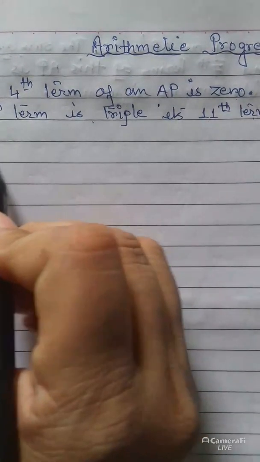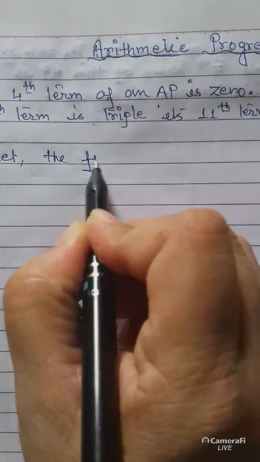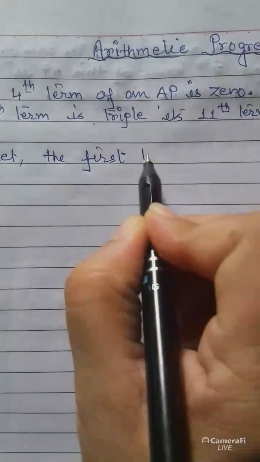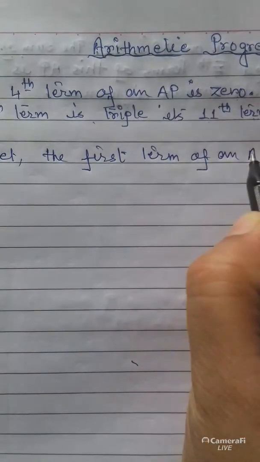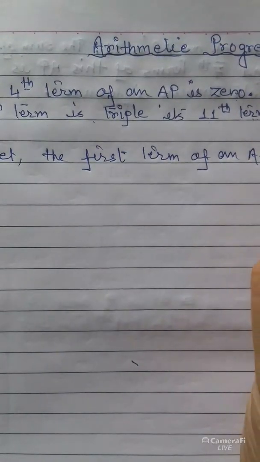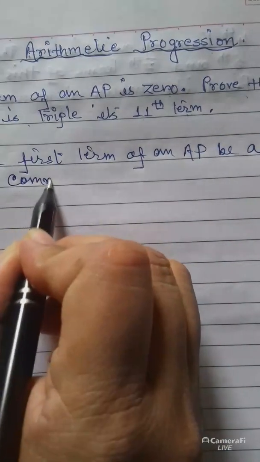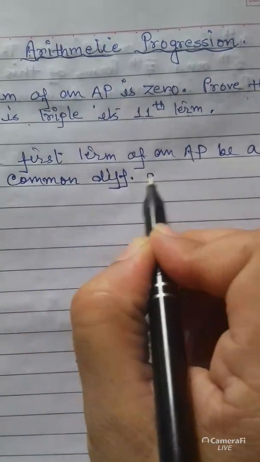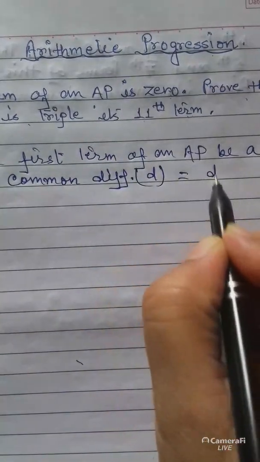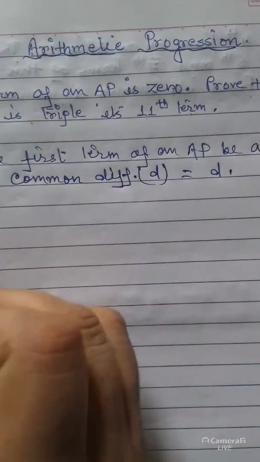So first of all, let the first term of an AP be A and the common difference be D. Now the fourth term of an AP is 0.